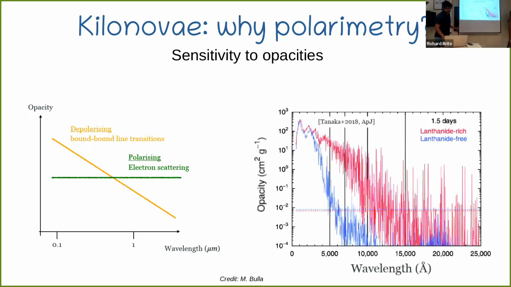And so you can see then basically, if you see the opacity as a function of wavelength for the two materials, you're going to see the lanthanide rich has much more opacity, because it's much more neutron rich, so there are much more probabilities of line absorptions here. And in particular, you look here, this is the optical regime. You're going to see that the lanthanide rich is very opaque, whereas for the lanthanide free, you're going to be able to have more emission from that material.